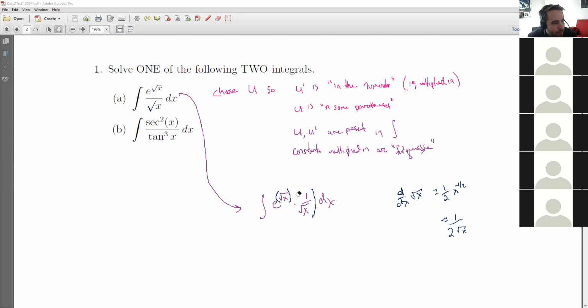Let me erase these parentheses, and I'll add in a 2 into the denominator by adding in another 2 into the numerator. And because everything here is being multiplied together, I can just pull that 2 that's being multiplied in outside of the integral, right?